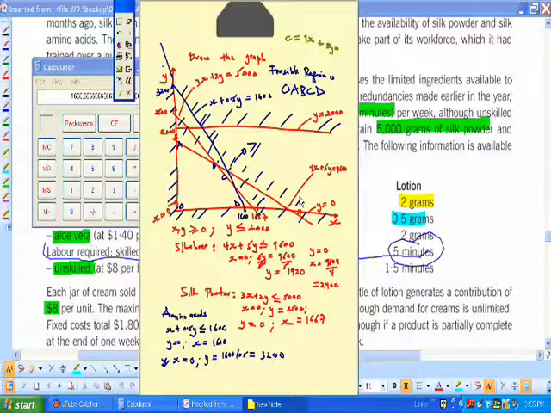To draw the ISO contribution line, you let this figure equal anything. In our case, let's say 6,400. Now this is a random figure.